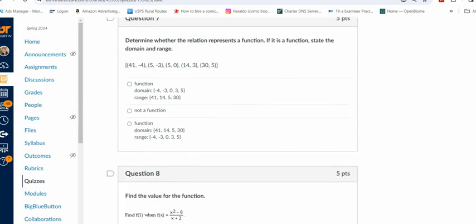Now, if you're trying to determine whether or not the relation represents a function, then your domain is going to be the set of your first entries. And if you have any repeats in the domain, then you do not have a function. So my domain is going to be 41, 5, but then 5 is repeated.